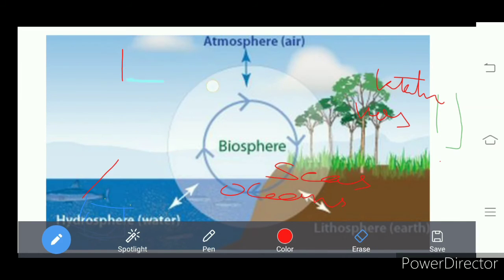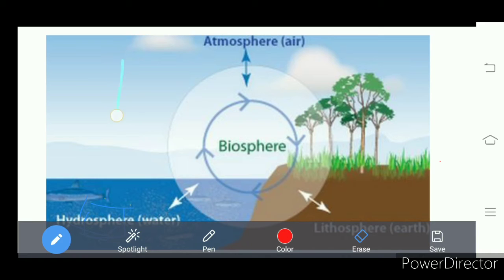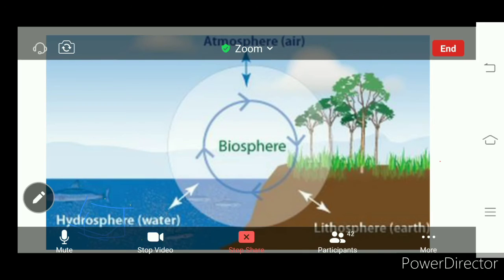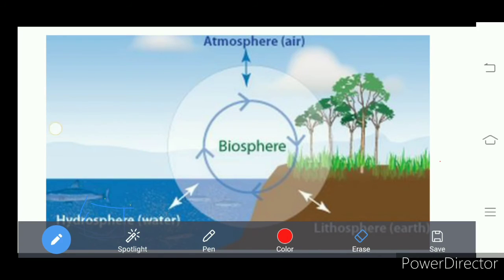That means an area covered with water on the earth is called hydrosphere. Which sphere? Hydrosphere.